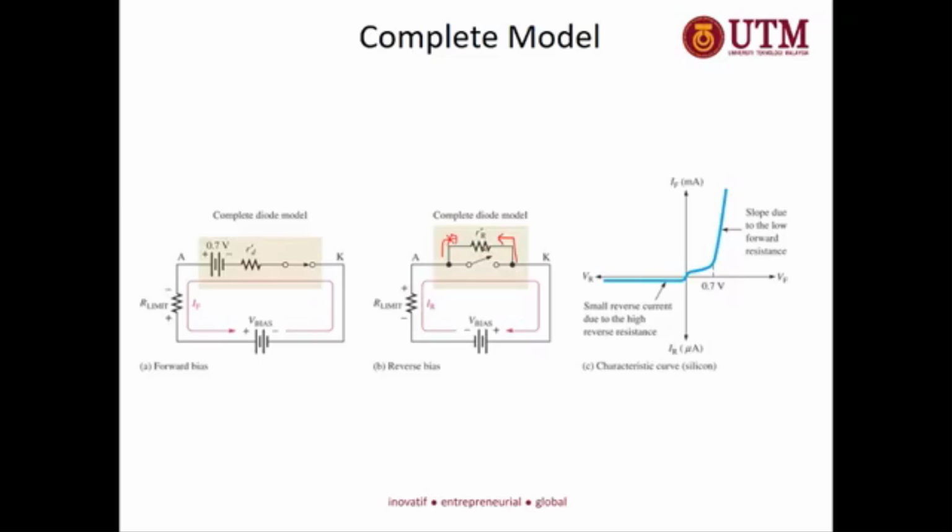In our previous example, the value of RR is around 10 to the power of 14 ohm. So you can imagine the value of the current should be around 10 to the power of minus 15 or minus 14. So it's very, very small. So this is the complete model.